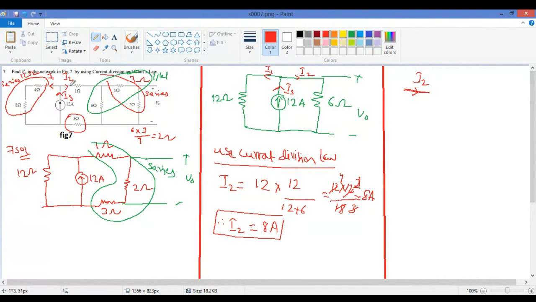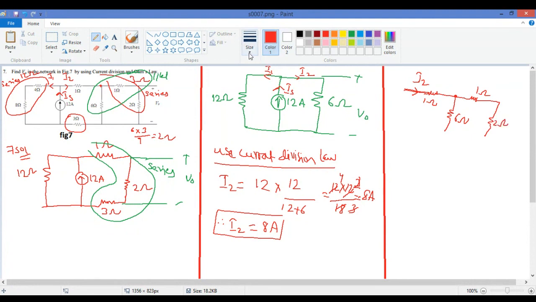From I2 it is going across 1 ohm, and at this node, one branch is going to 6 ohms, and the other is going to 1 and 2.